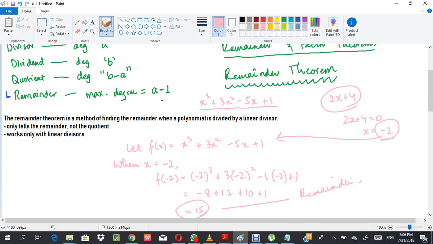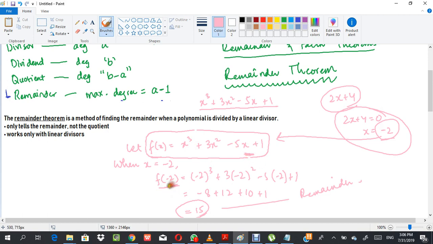What we do is, we have a dividend. We write the dividend as a function like I did here. Then we go to our linear divisor and we equate it to 0 and we find the value of x like I did here. Then I'll put that value of x in the function.